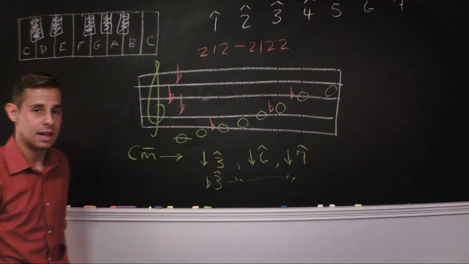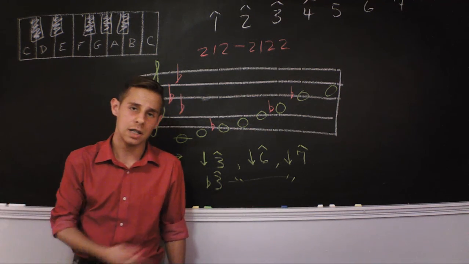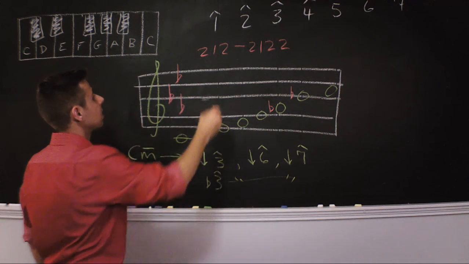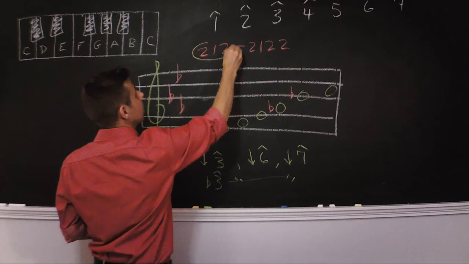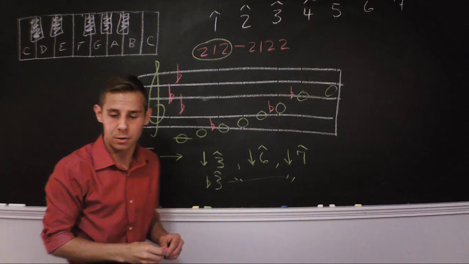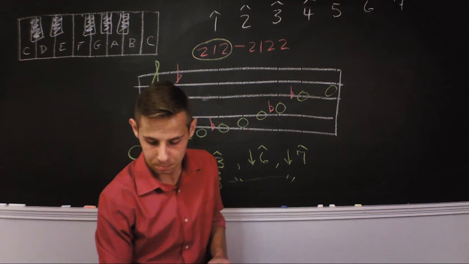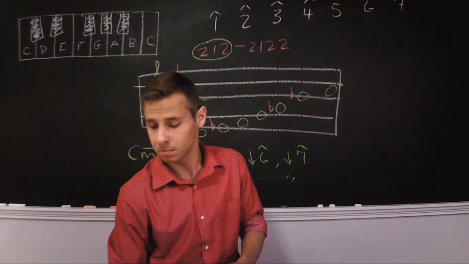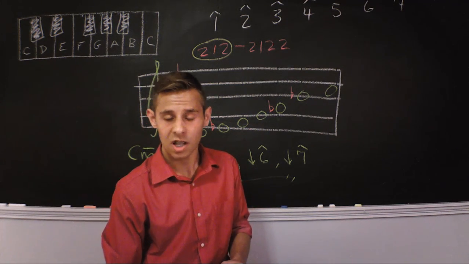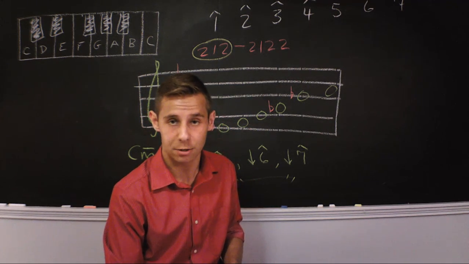So if you notice, and this is something that's true for all 3 of the minor scales, they start off with this 2, 1, 2. So I'm going to play for you a C major scale. Now I shall play the C natural minor.